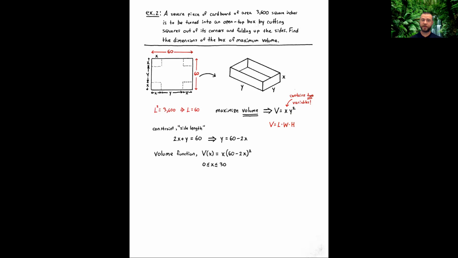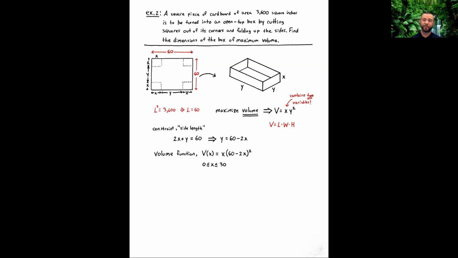Now, this one's a little trickier to think about what range of values x can have. The smallest x can be is 0. We can cut very small corners out of the piece of cardboard. The biggest x can be, x can't be 60.